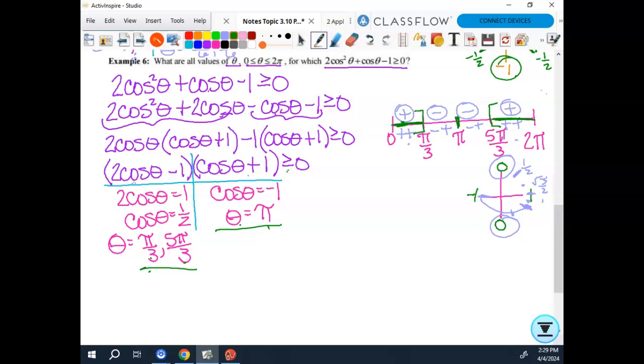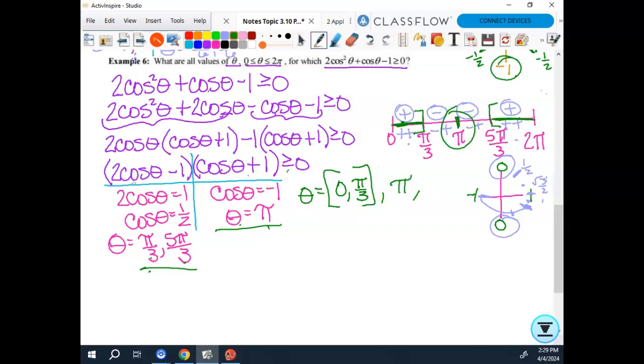So when I put this out here, theta is equal to, so I start here. I'm going from 0 to pi thirds. Do I include 0? Yes, because I'm including it here, and 0, yeah, so I'm including it. And I know I include pi thirds because it makes it 0. Then I have this guy, pi, just one little old angle by himself.